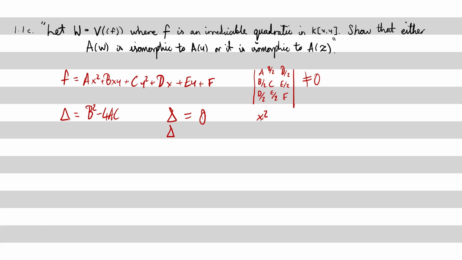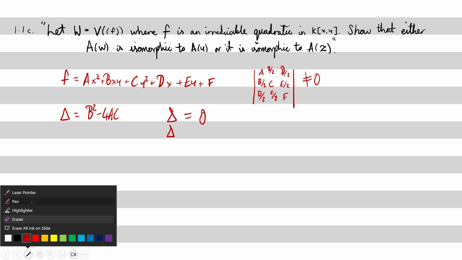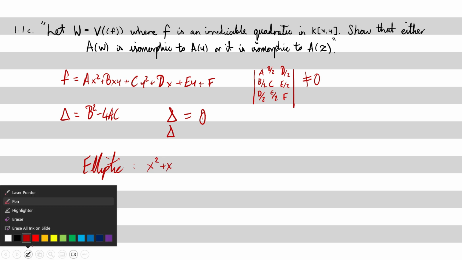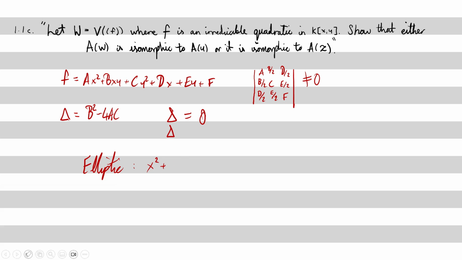And the same for elliptic means that you can change it into a circle, x squared plus y squared minus 1. Parabolic means that we can change it into y minus x squared.